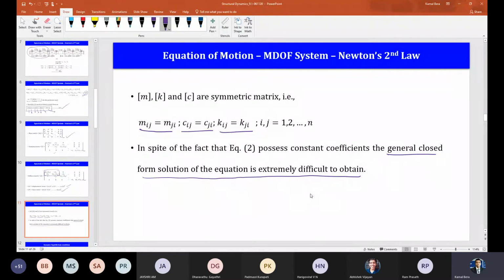But for a multi degrees of freedom system, with thousands of degrees of freedom, let's say 50,000, it is very difficult to get a closed form solution like that. In that case, the mode superposition method or modal analysis will be helpful to us.